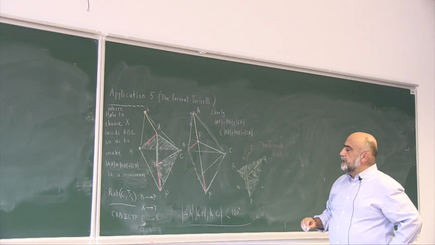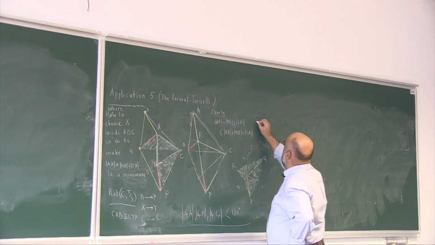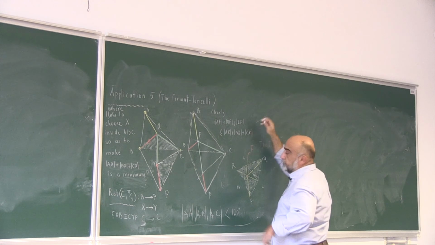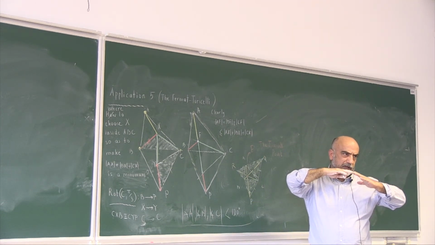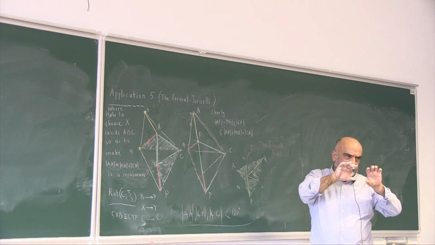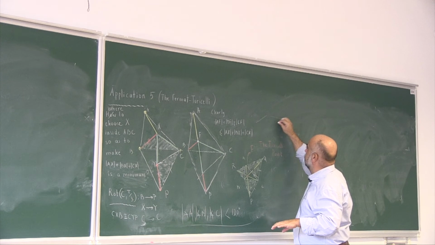And you see what happens. For instance, if your triangle is a very flat triangle, almost a splinter, let's say, so this angle is larger than 120 degrees.